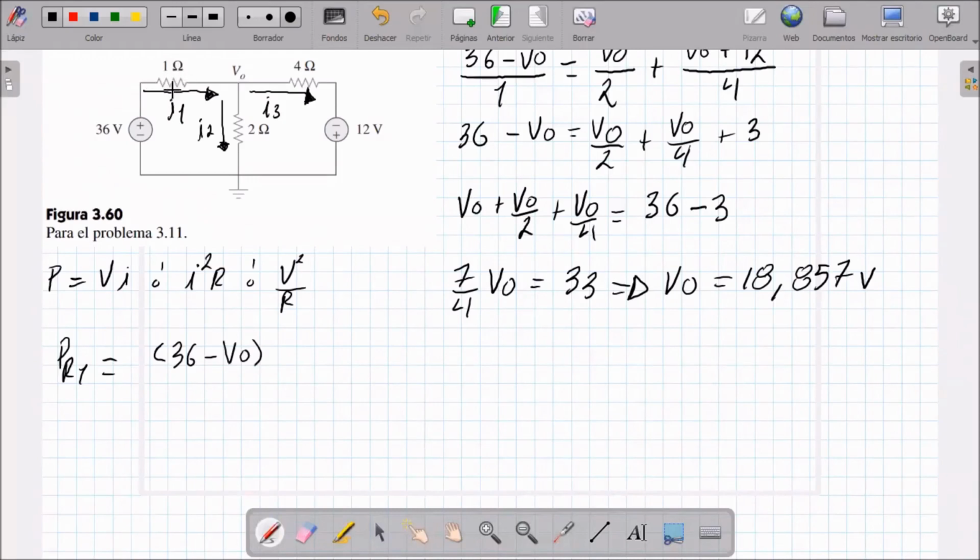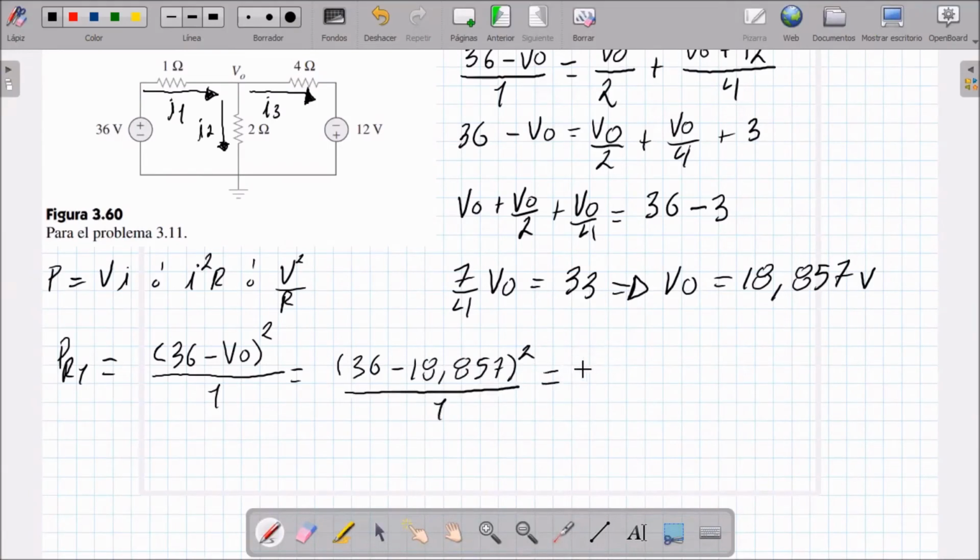The voltage across the resistance is V, which is the one we are going to use there. Therefore, that expression I am going to square over the resistance, which is 1. So this is going to be equal to 36 minus 18.857, squared over 1. Therefore the first power gives me 293.88 watts.